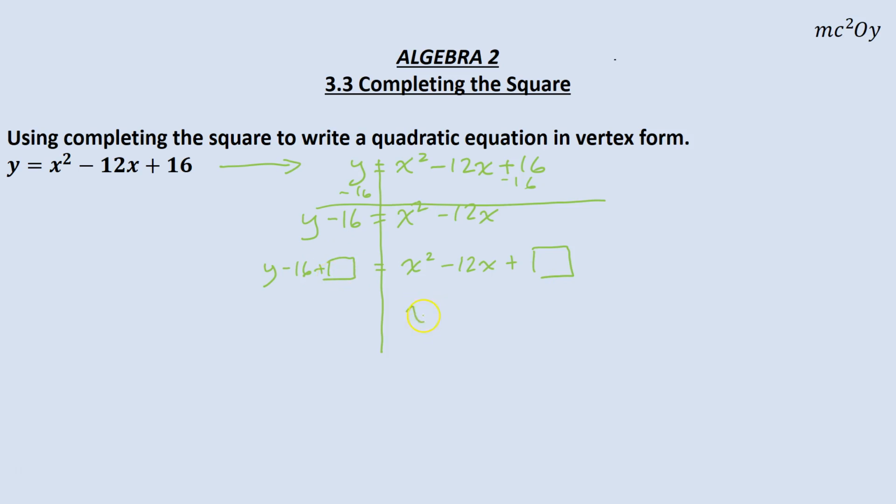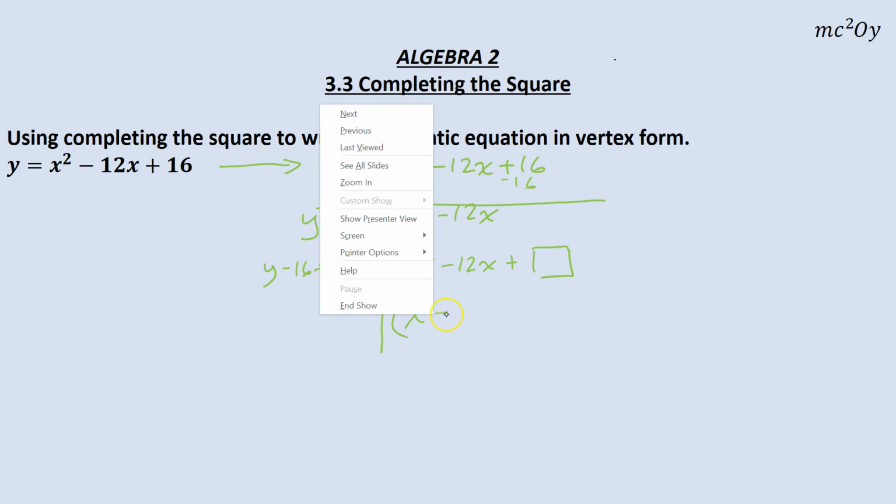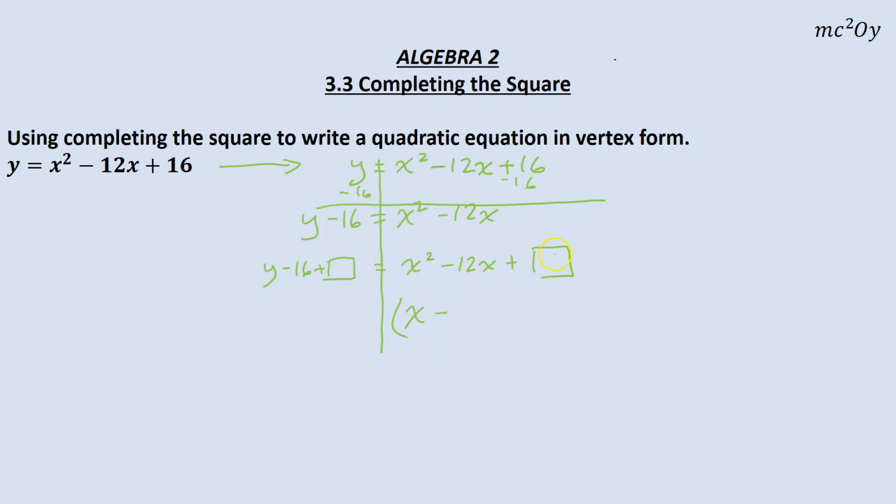Well, it's half of that 12, which is 6, and squaring that is 36. So we'll have to add 36 to both sides, and that gives us x minus 6 quantity squared. And that's equal to y, well, it actually will be plus now. Negative 16 and 36 is 20.